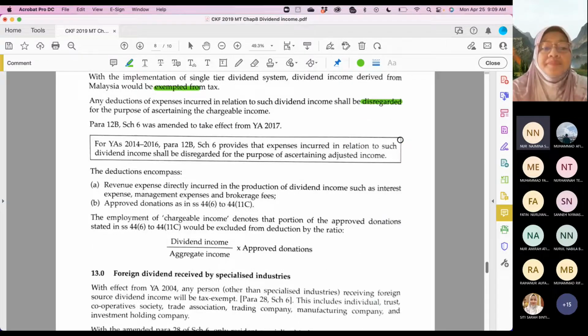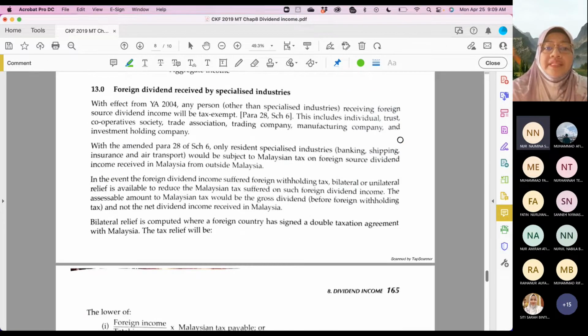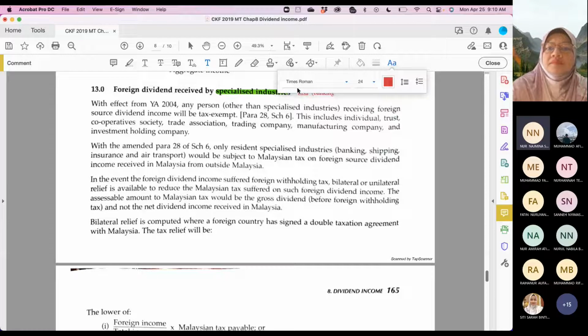Okay, foreign dividend received by specialized industry. So did I mention BISA? Have I ever mentioned BISA? What is a BISA? Anyone? Banking, insurance, shipping, airlines.